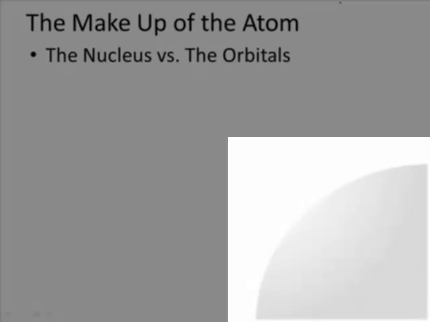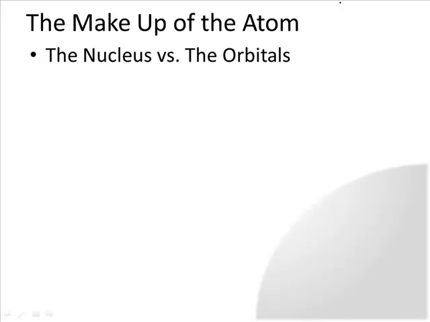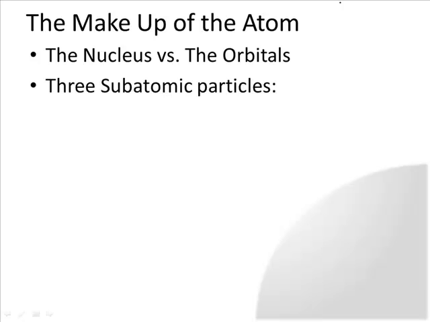Outside of the nucleus is the space referred to as the orbitals. This term was originally coined because people believed that if something's in the center of the atom, anything outside of the center would orbit around that nucleus. In addition to all the empty space, there are three subatomic particles that put together make up the atom.